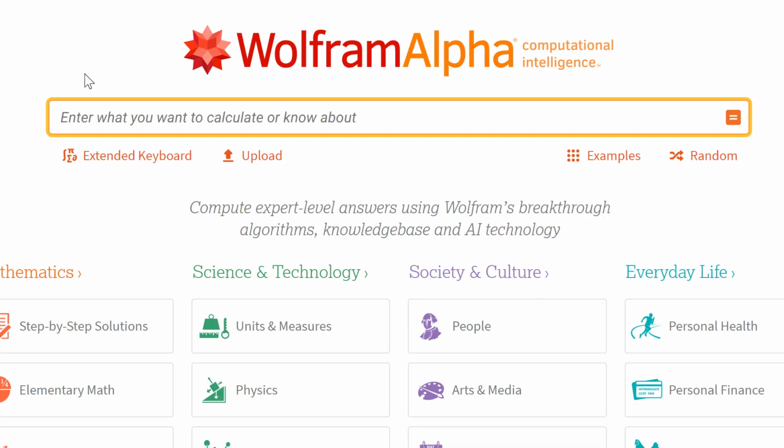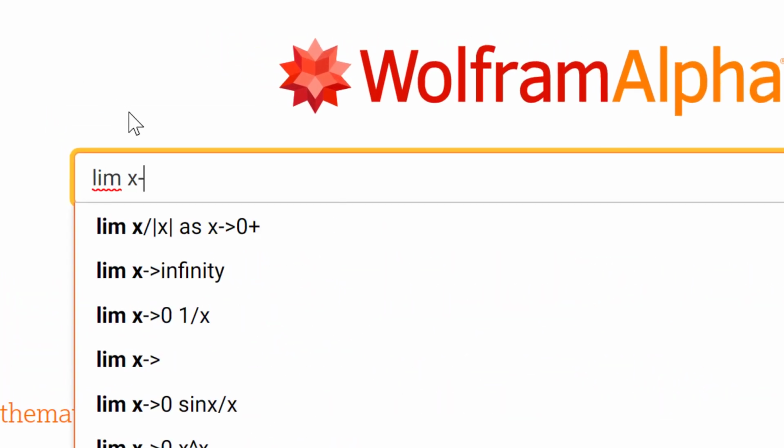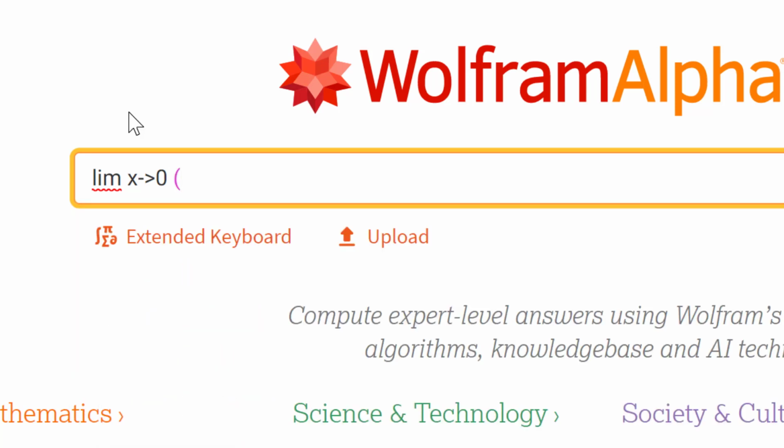Okay, so here we're going to try to type that in. We have the limit as x approaches 0 of the quantity, oh, it's sine squared. I don't know how to type it in, so I'm going to type in sine x squared plus sine 3x.